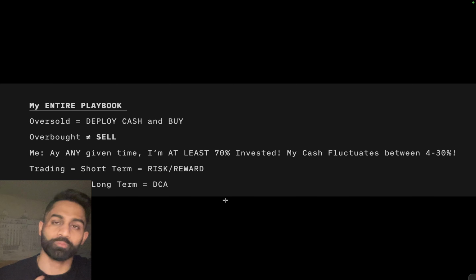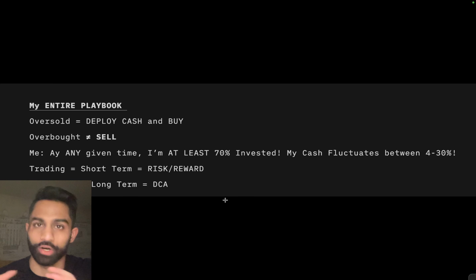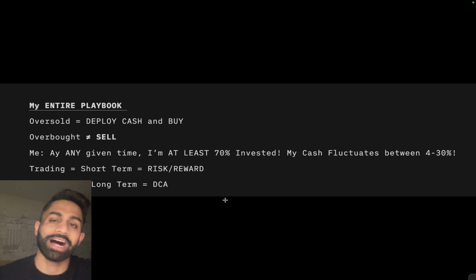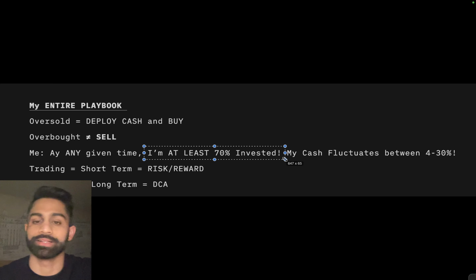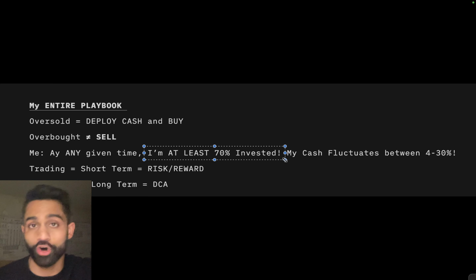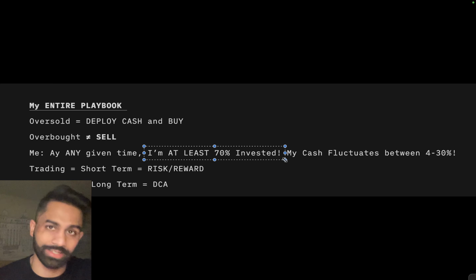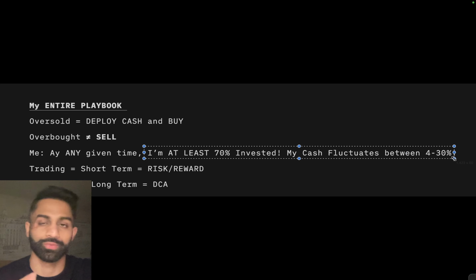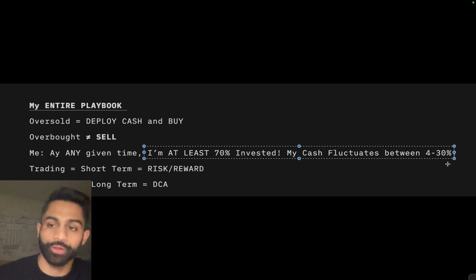So when it comes to my strategy, okay, at any given time during the year, I'm at least 70% invested, okay? At least 70%, meaning that's the minimum that I would be invested in the market on the long side. And my cash fluctuates between 4 and 30%.